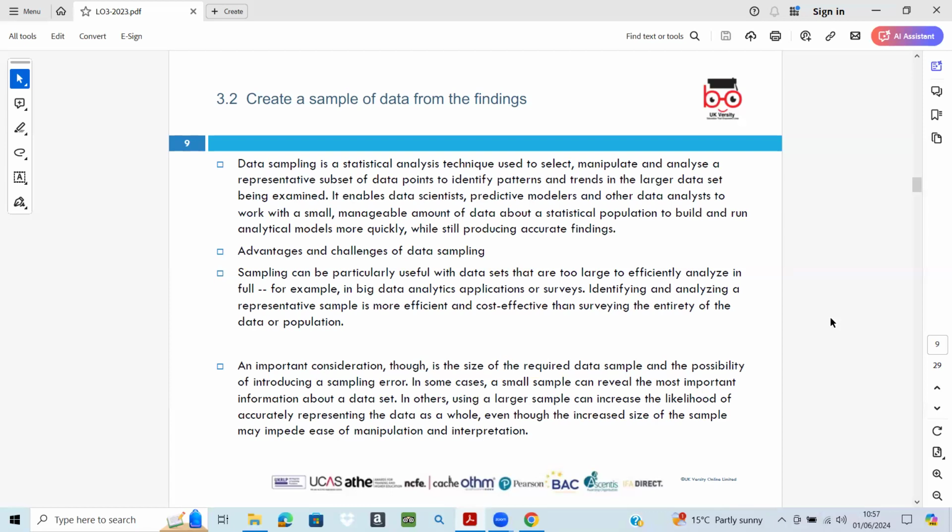We need to adjust the sampling technique if significant discrepancies are identified. We need to strike a balance between the size of the sample and the feasibility of data manipulation and analysis. While a larger sample improves accuracy, it may also increase complexity and resource requirements.